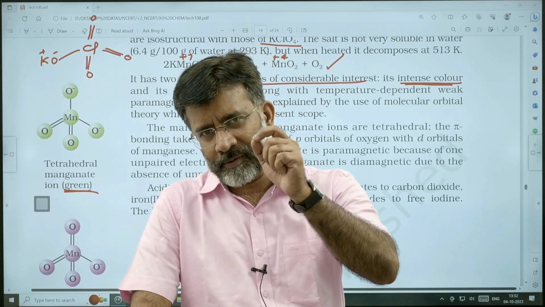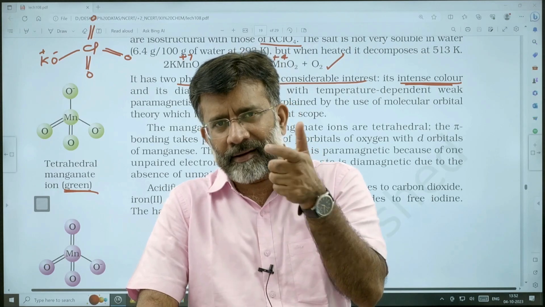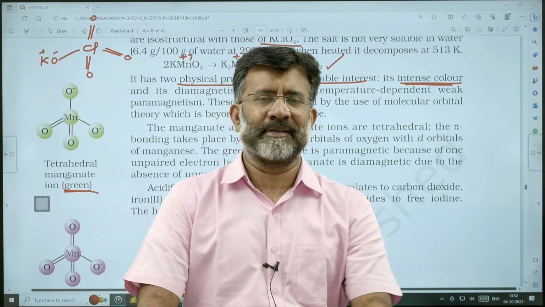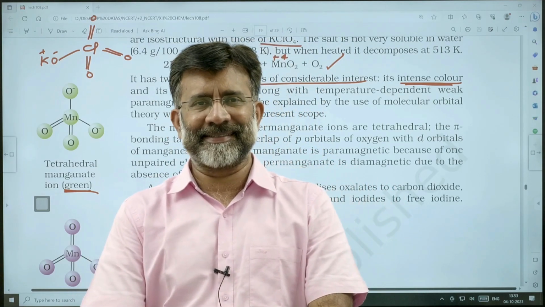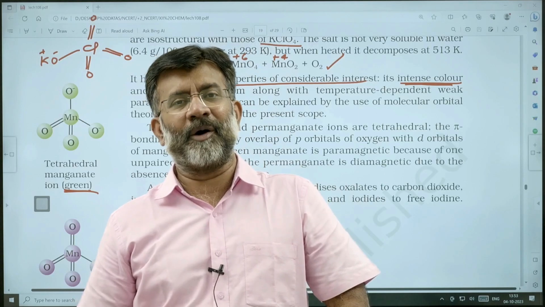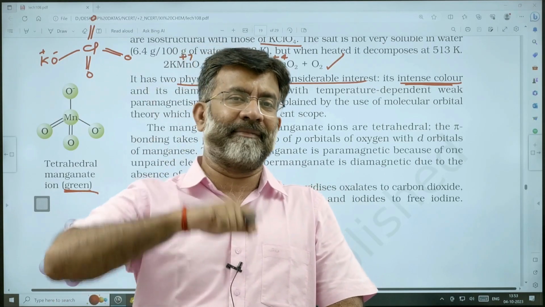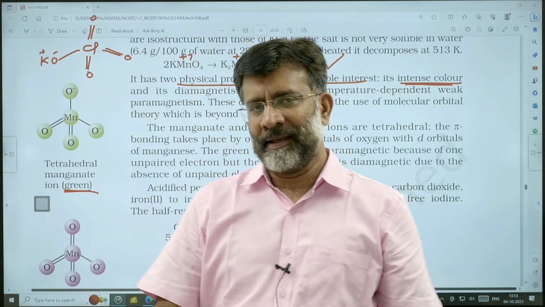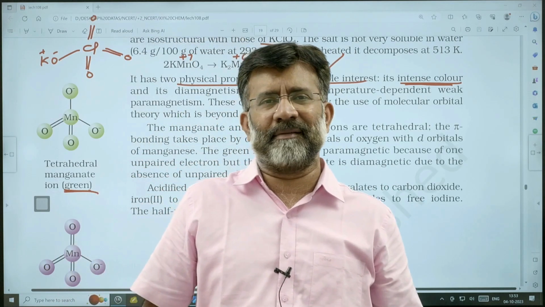So molecules like dichromate and permanganate giving a colored nature is related to a concept. What is that? You must study and think about how it can be justified. The weak temperature dependent paramagnetism, listen carefully. There is no unpaired electron, but it shows a very weak temperature dependent paramagnetism.